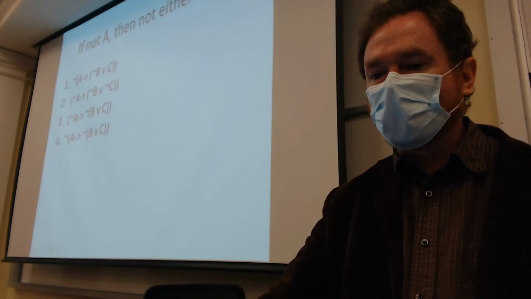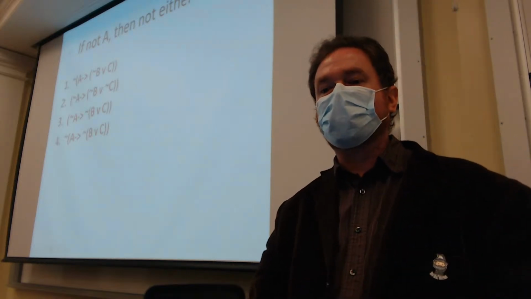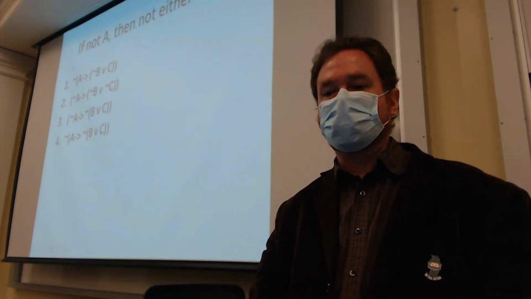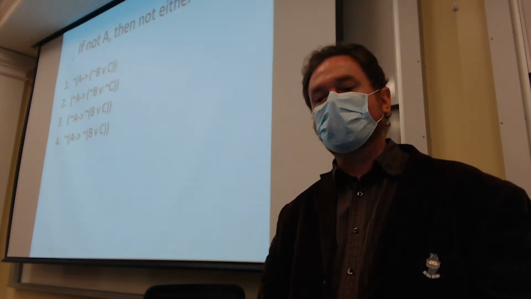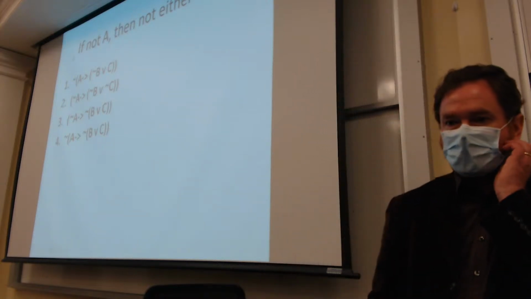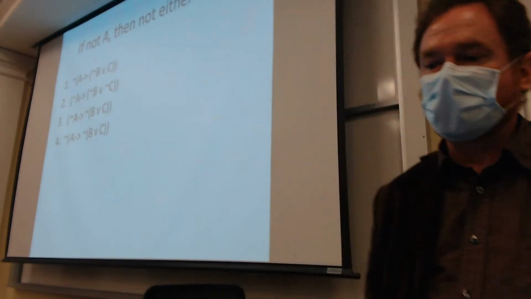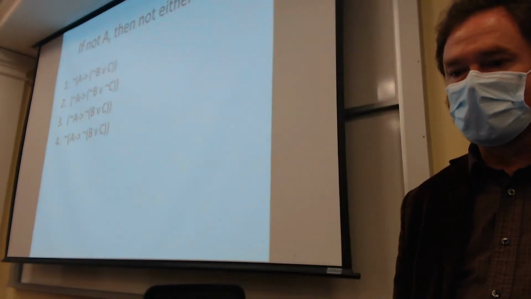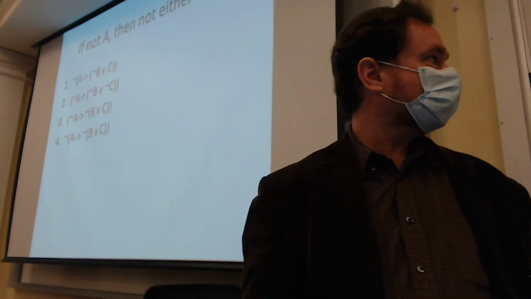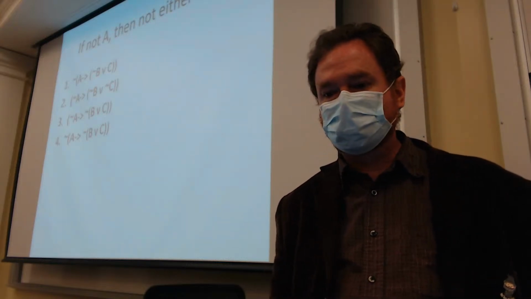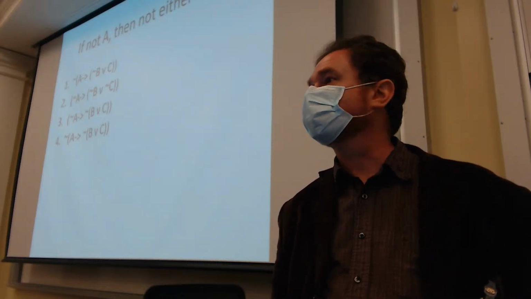Number 1 and 4 have negation before the if, which opens the first parenthesis. So number 1 or 4 would be something like, it is not the case that if A, then not either B or C. So therefore, 3 is correct.